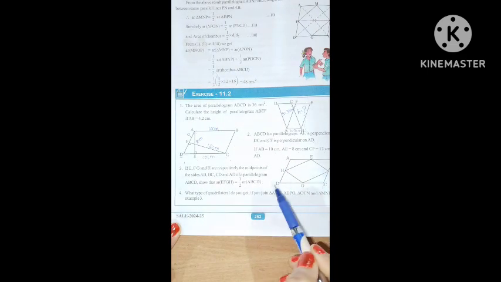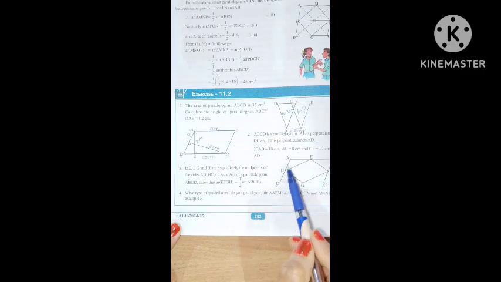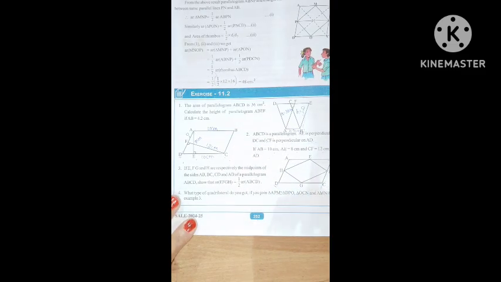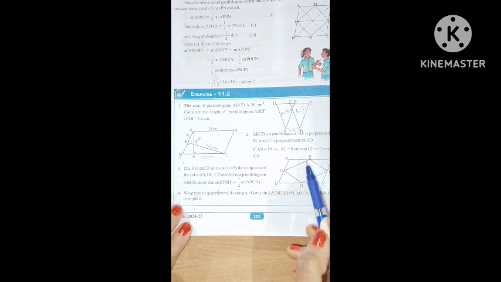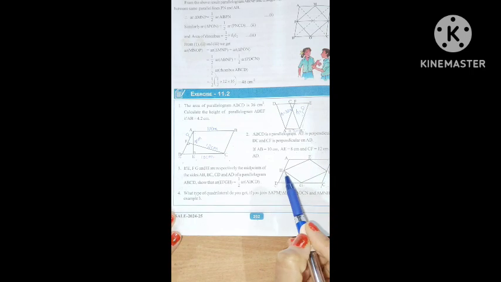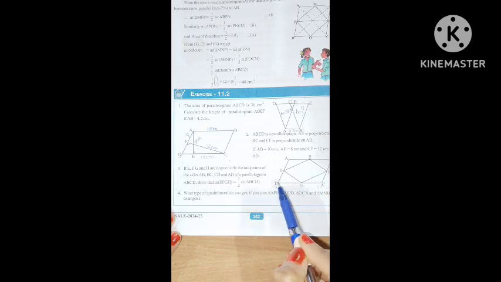What is given? One parallelogram ABCD is given. And midpoints are given. What are the midpoints? E, F, G, H. These are the midpoints of the sides AB, BC, CD and DA respectively.